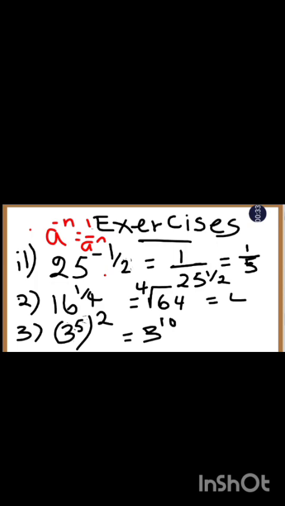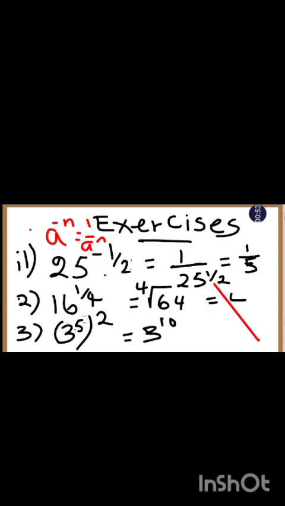This negative half means it will be 1 over 25 raised to the power half. And when you have 25 raised to the power half, the denominator here is 2, so it will be the square root of 25, which is 5.